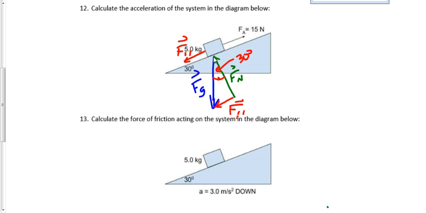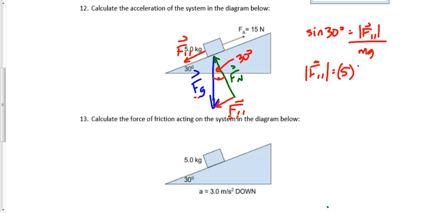Opposite side. So we're looking for opposite, and we have the hypotenuse, so sine 30 degrees is equal to opposite, F parallel, over the hypotenuse, which is the force of gravity, m times g. F parallel, therefore, equals 5 times 9.81 times sine 30 degrees.